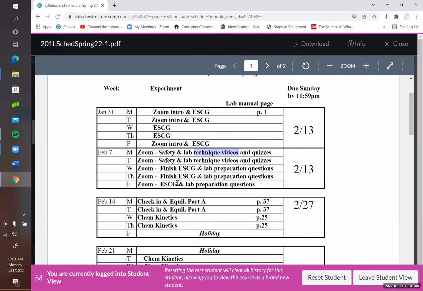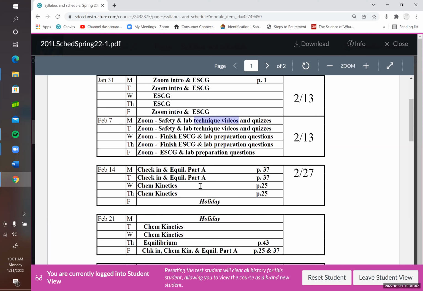And so that'll be good to get everybody ready to go for this first week that we're going to meet in lab, which is the week of February 14th. So we'll get in there on Monday, we'll check in, and we'll do this equilibrium part A, which is just a part of a lab.